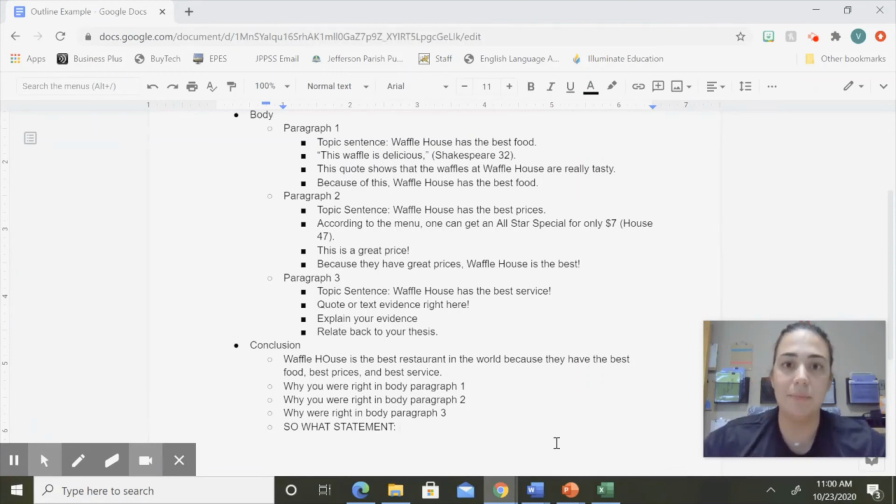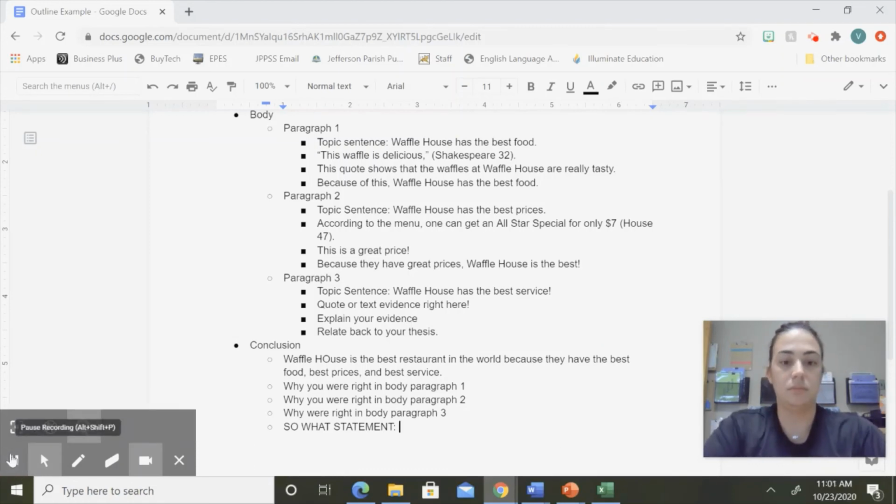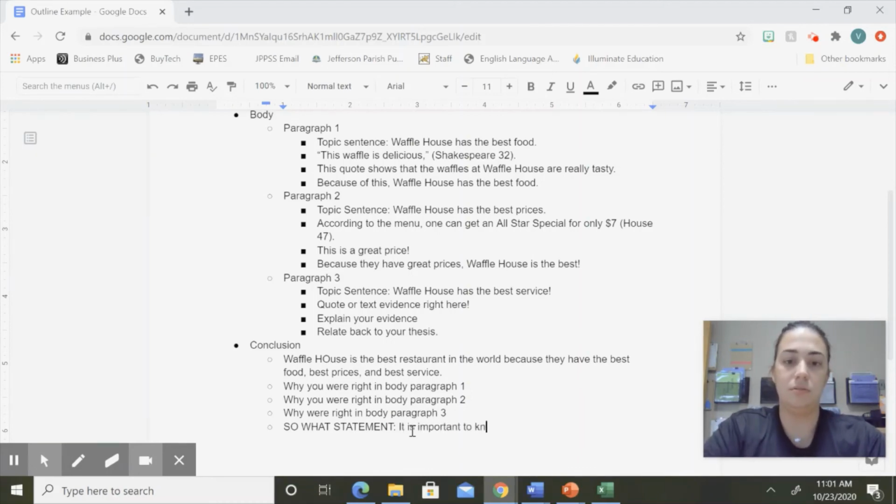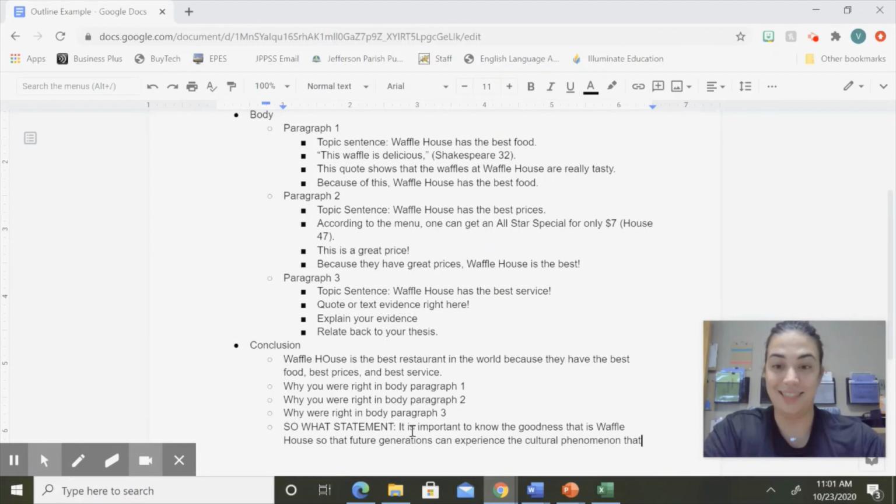So, for example, I'm going to put something like, it is important, so the goodness that is Waffle House, so that future generations can experience the cultural phenomenon that is the South's finest dining establishment.